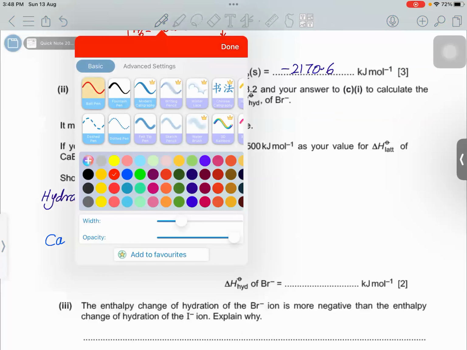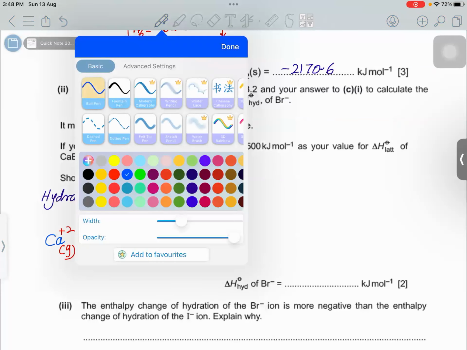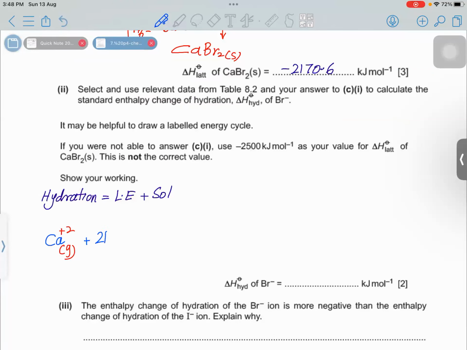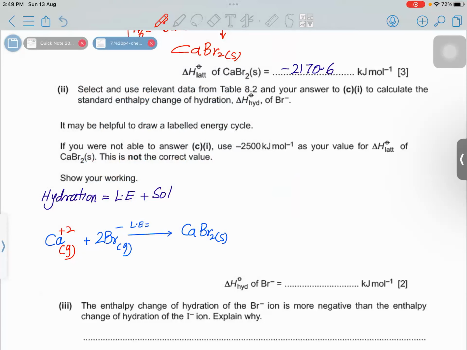Now you have calcium plus 2 gaseous and 2Br negative gaseous. When you combine these two, it is called lattice energy. Calcium bromide solid is formed. Can you tell me the value of the lattice energy? So minus 2170.6.